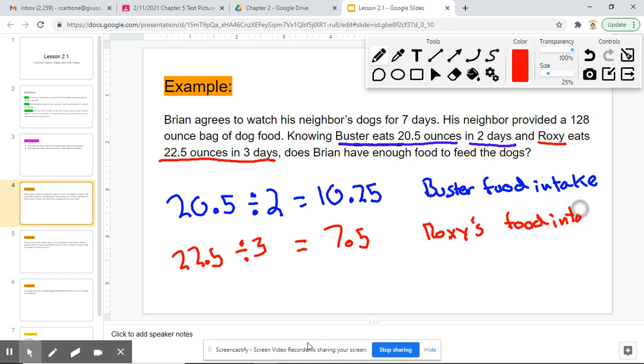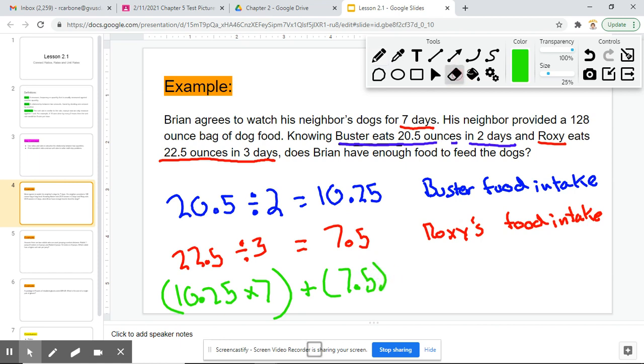All right, so you may be asking yourself at this point, how does this help us find out if they're going to last for 7 days? What we can do is multiply both these numbers by 7 to find out how much Buster eats in 7 days and how much Roxy eats in 7 days. So 10.25 times 7, and we want to add to that 7.5 times 7, because we want to find out the total amount of food both of these dogs are eating up.